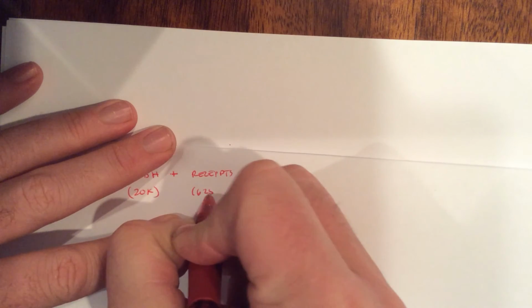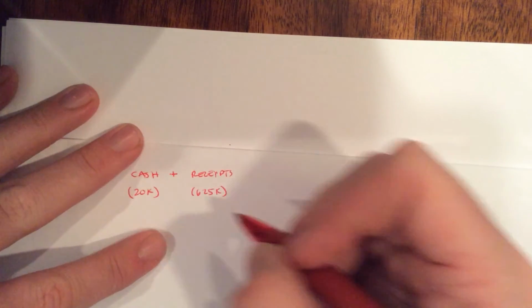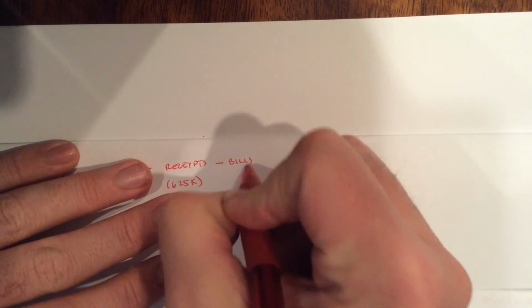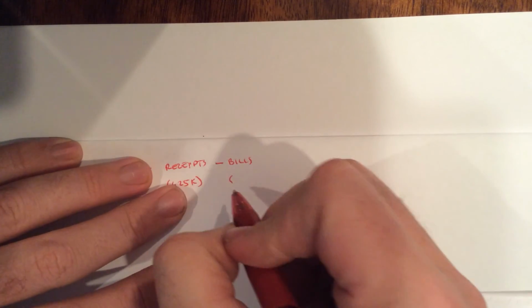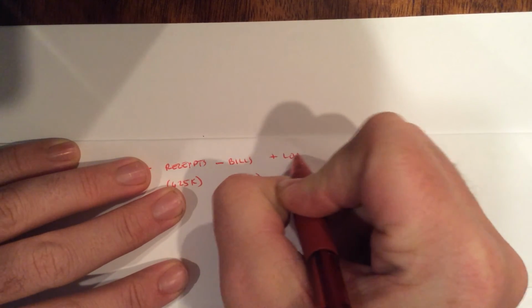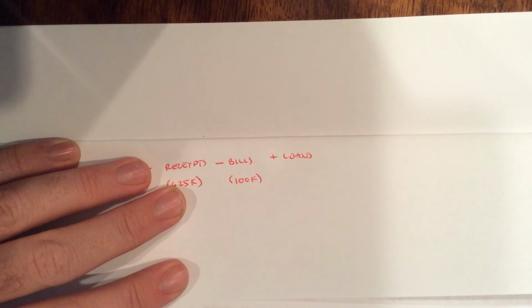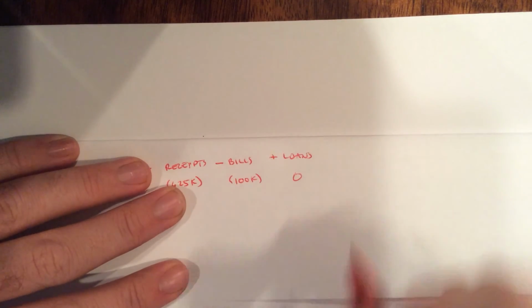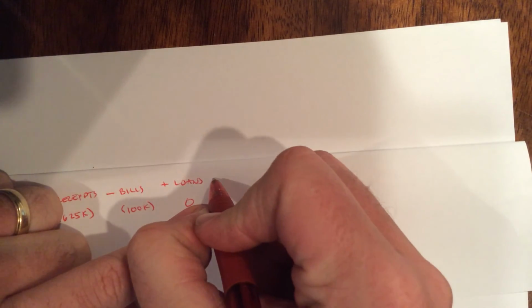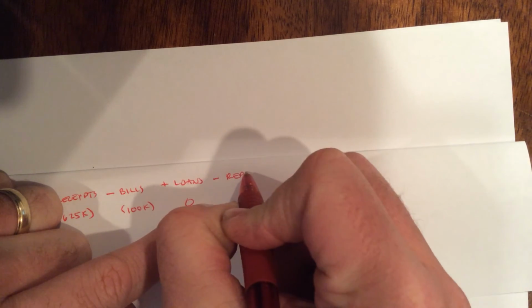Our receipts are 625 large, minus our bills. Finally got those under control. We're only at 100K. Plus our loans. But how many loans do we actually take out in month 6? Well, we don't take any, so that's 0. But we do have to pay back a bunch of loans, minus our repayment.